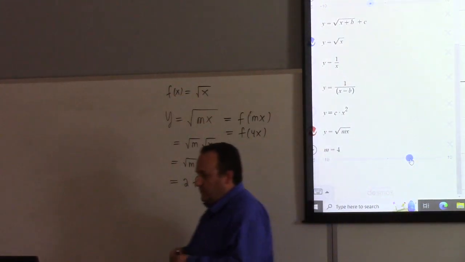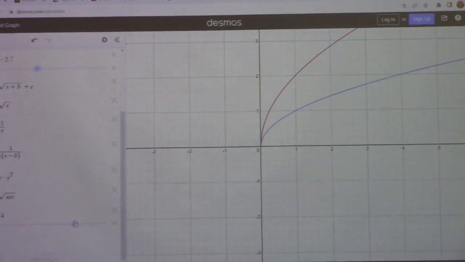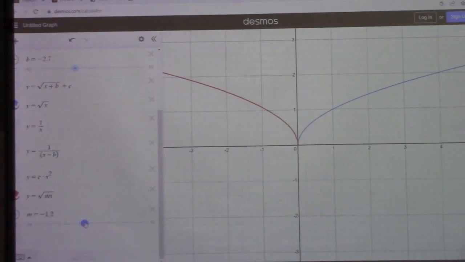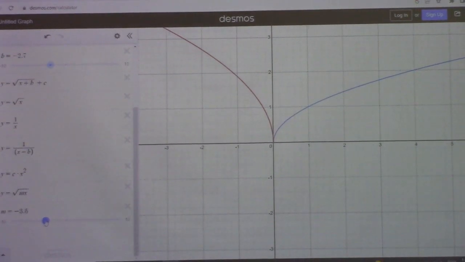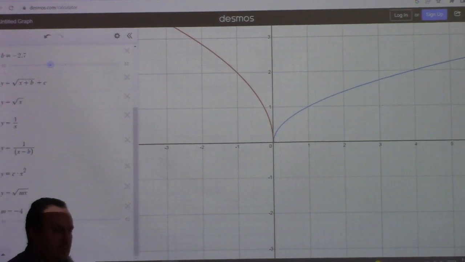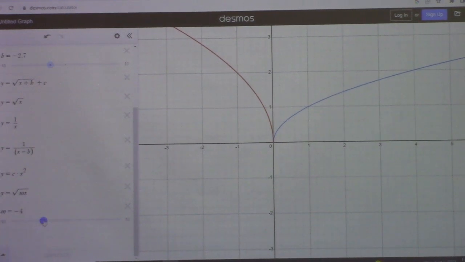What happens if you make m negative? Look at that. I made m negative. What happened? The transformed graph now, the domain is negative numbers, right? Because if you look, what's the domain of g of x equals the square root of minus 4x?